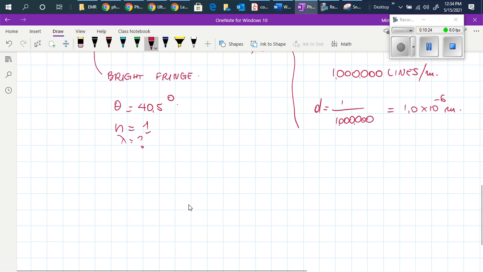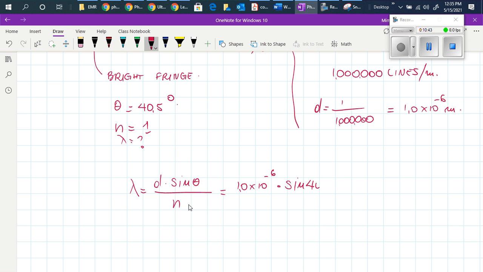So lambda, or the wavelength, will be d times sine theta over n, or 1.0 times 10 to the power of -6 times sine 40.5 degrees over 1.